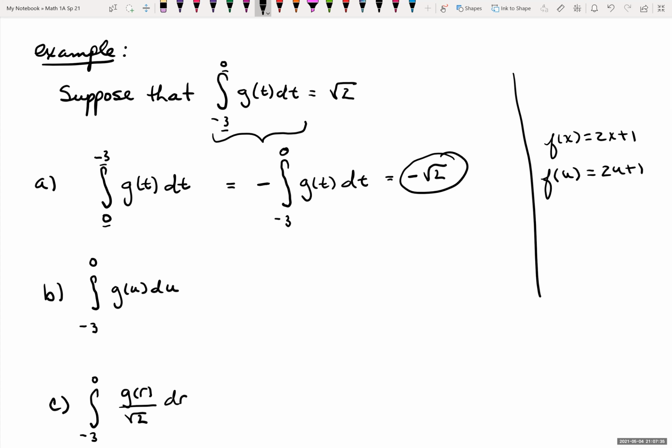Am I going to get the same thing when I take the antiderivative at those bounds? Because I'm integrating with respect to the variable, I'm going to get the same thing back. It doesn't matter if I'm just changing the variable in here. But this has to change too: dt with respect to t, du with respect to u. So this is the same thing, root 2.